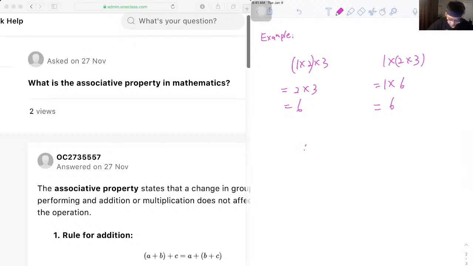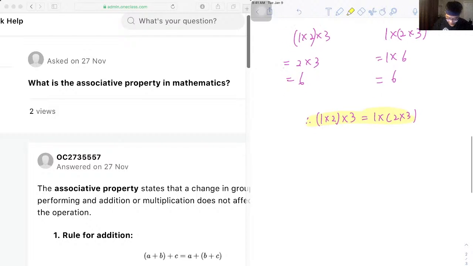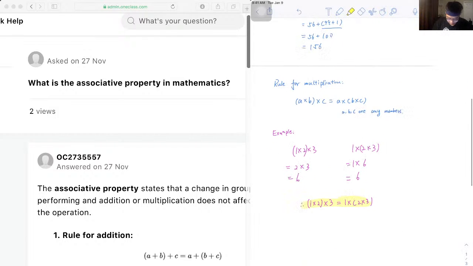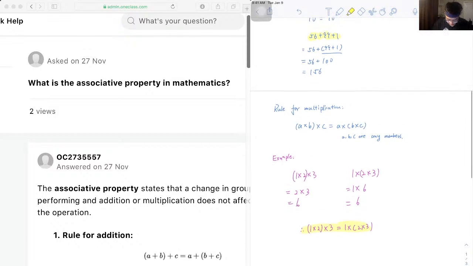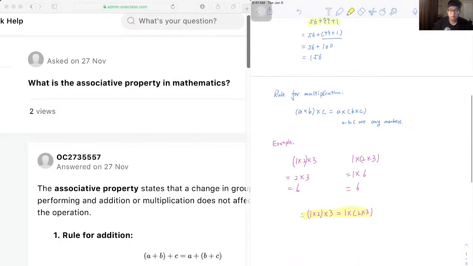So we have 1 times 2 times 3 is equal to 1 times 2 times 3. I think that's all we got for this question.